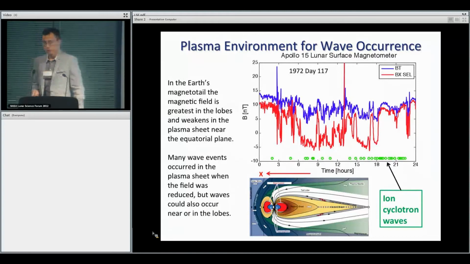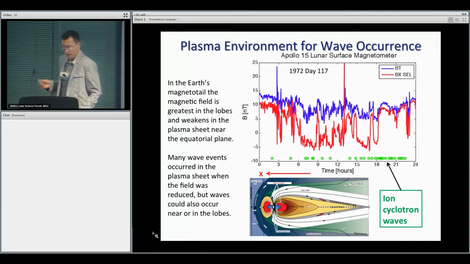And we're trying to find what type of particles are associated with the waves that we have observed. One way to find the plasma environment at the moon is to make use of the magnetic field data by Apollo.